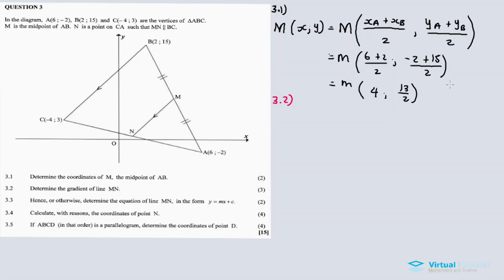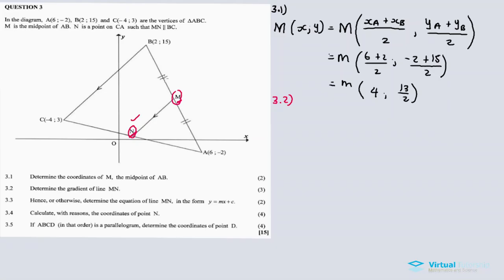I just calculated the coordinates of M, but I don't have the coordinates of N. So I cannot calculate the gradient of MN using coordinates along line MN, since I need two coordinates to calculate the gradient.